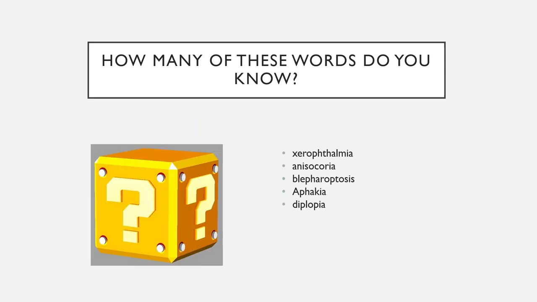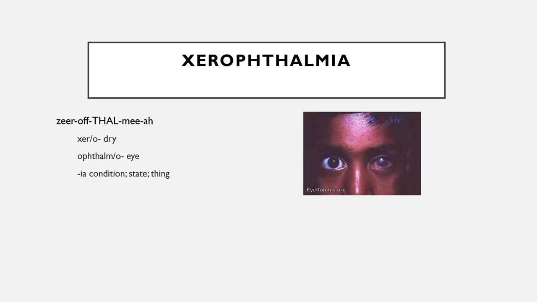So let's move on to the eye chapter. Xerophthalmia, anisocoria, blepharoptosis, aphakia, diplopia. So xerophthalmia is, xero is dry, ophthalm is eye, and ia is condition.